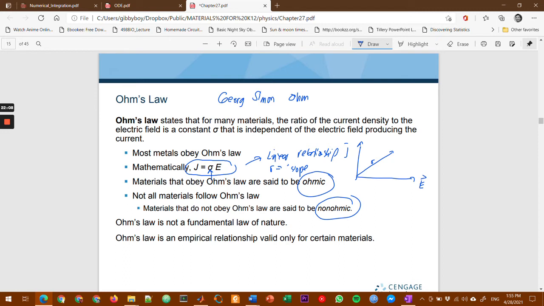So one thing to note, Ohm's law is not a fundamental law of nature. It is not a fundamental law of nature. Ohm's law is an empirical relationship valid only for certain materials. Okay?